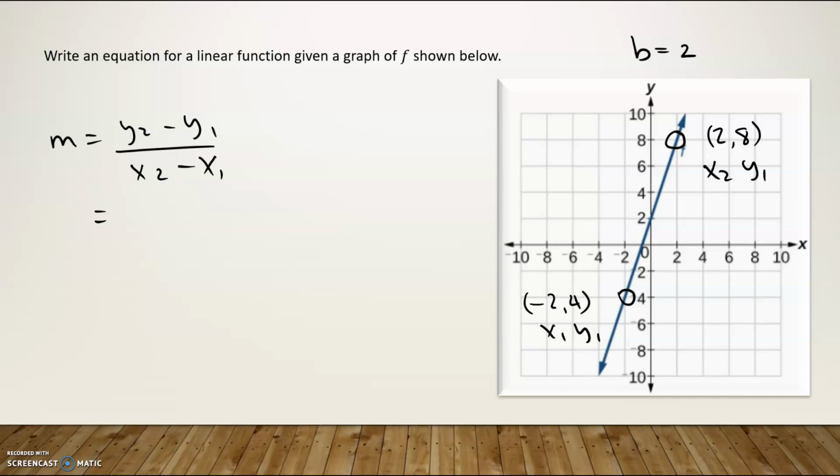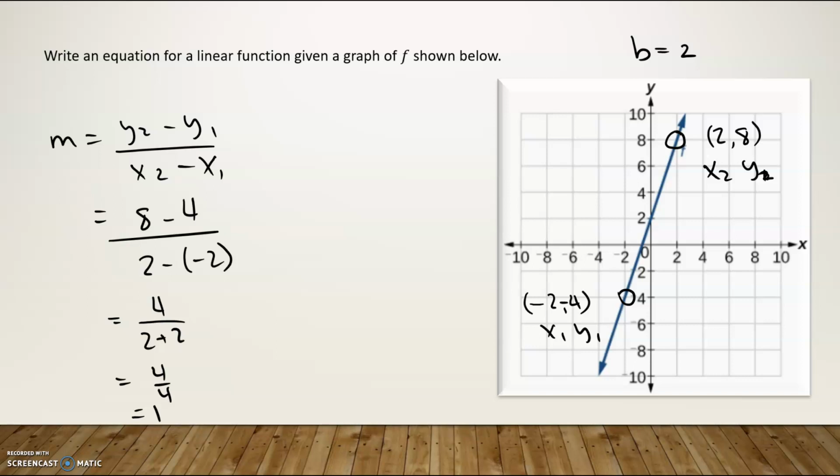So, whoops, this should be a 2. So 8 minus 4 over 2 minus negative 2. So 4 over 2 plus 2 looks like 4 over 4, which is 1. Okay, now, let's see. I do have a little mistake.